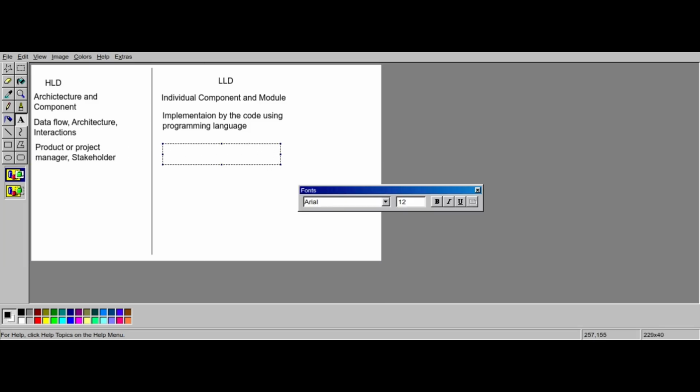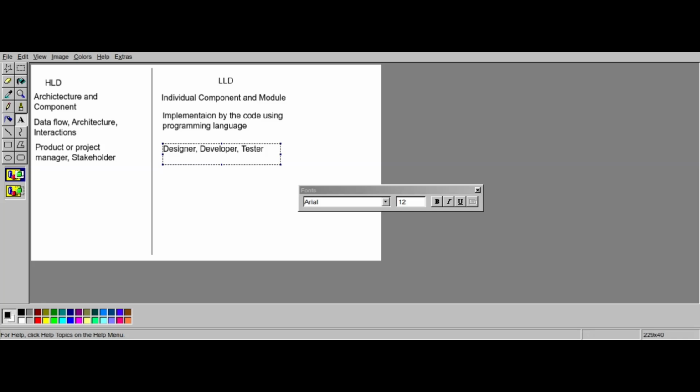The designer, developer, and tester are responsible for low level design. So what is high level design? High level design is the documentation, the planning, the flow, the architecture, and the people responsible are the product manager, project manager, and stakeholders.